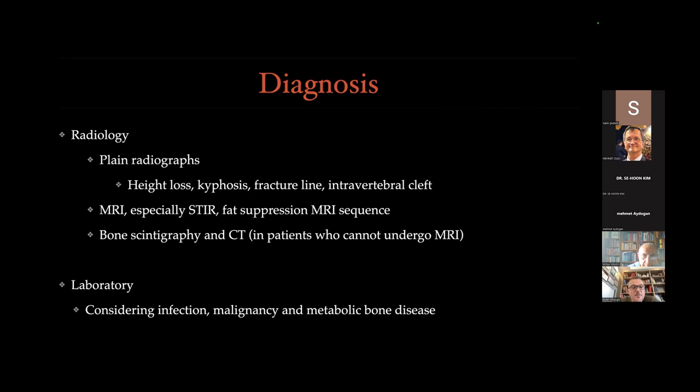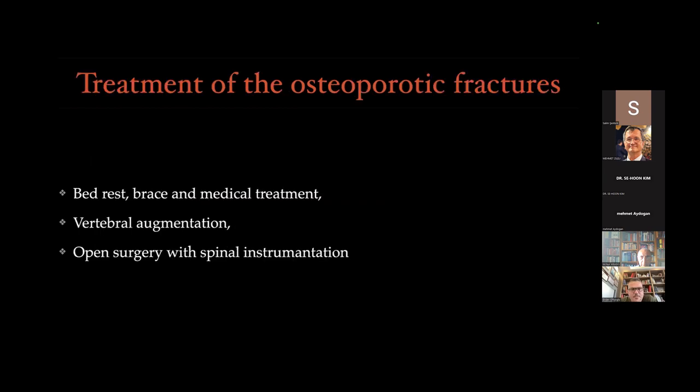MRI is the most important imaging for this disease, especially the STIR fat suppression sequence, where we can see bone edema, which is very diagnostic. Bone scintigraphy or computed tomography can be used for patients who cannot undergo MRI.